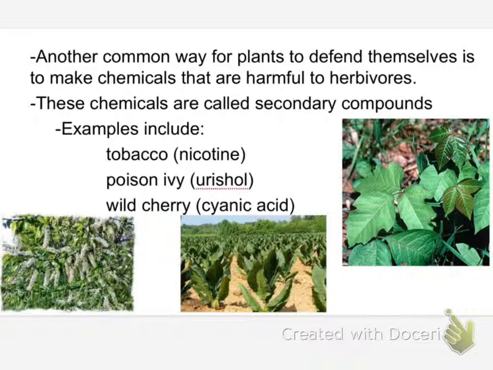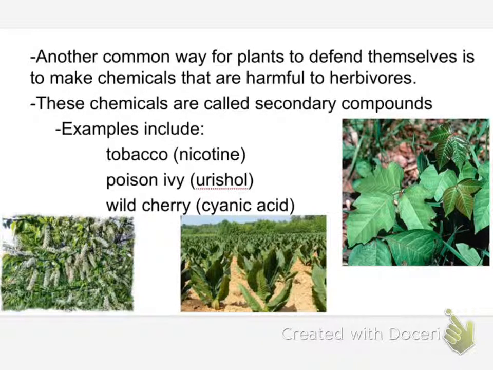Wild cherries have got cyanide in their leaves and seeds. I can't remember. Okay, you guys would know. Is it cows that are stupid enough to eat wild cherry, or it's horses? Cows. Okay, so you have to watch out for wild cherry in a pasture because if they eat too many of the leaves, especially when they're wilted, they can actually poison themselves. I couldn't remember. Because they'll eat it.